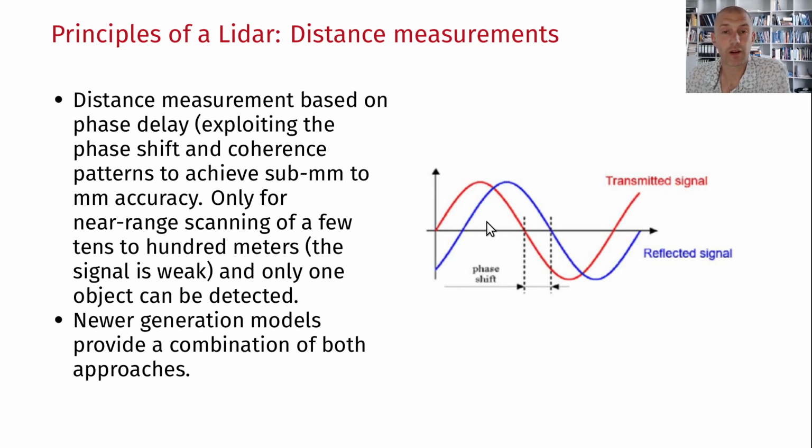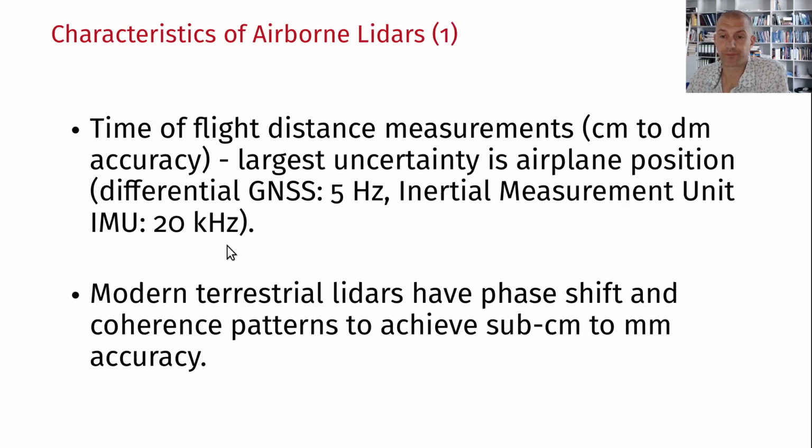This is somewhat similar to radar interferometry, where you're looking at the phase offset between an outgoing and a return signal. Some newer generation LiDAR models combine these approaches. For now, most of these are only used in terrestrial LiDAR systems.